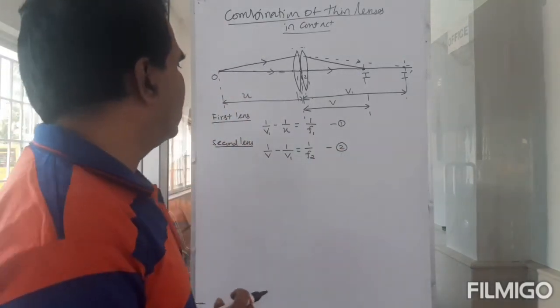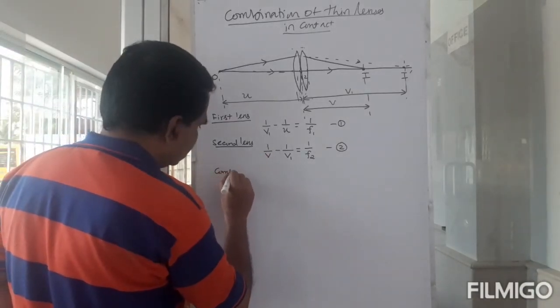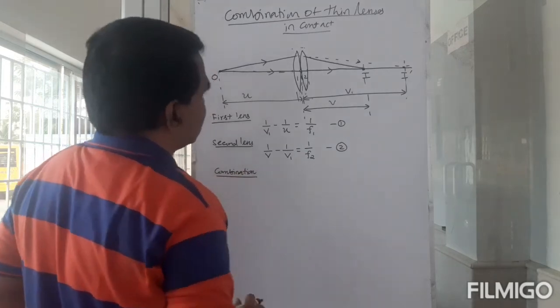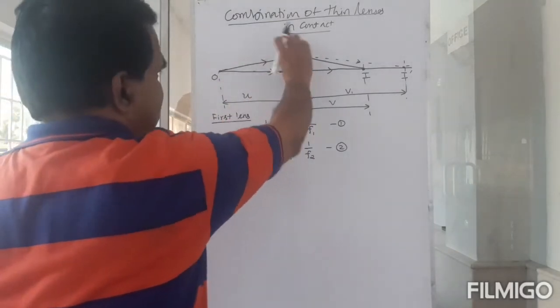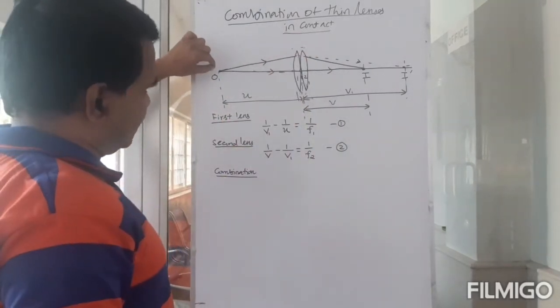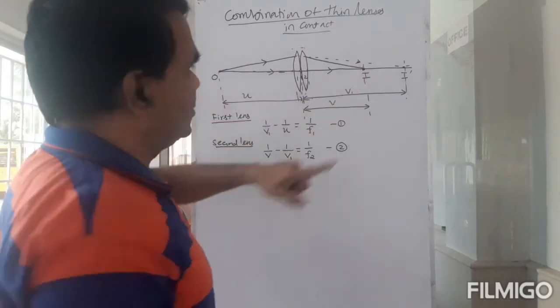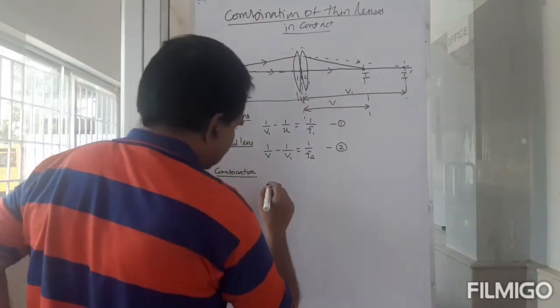And for the combination, I am going to treat these two as a single lens now. If I treat them as a single lens, this is where I kept my object and this is where I get my image. So the focal length of this combination can be given by this expression, right?